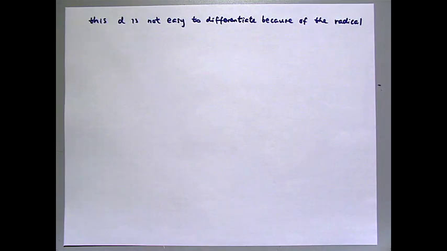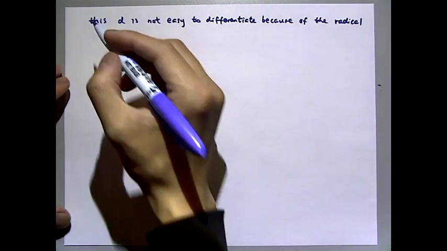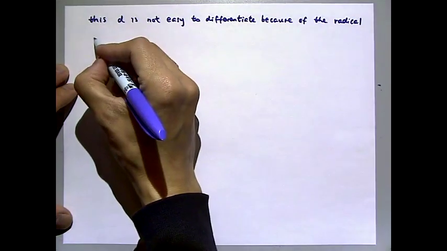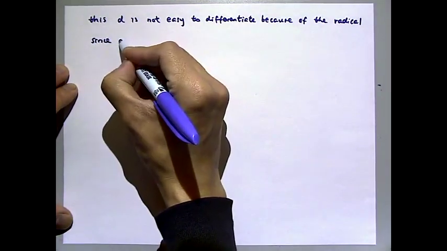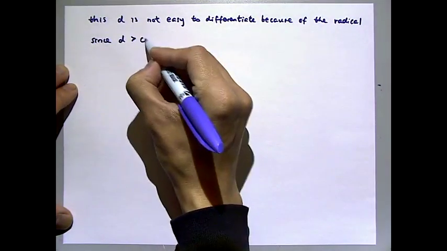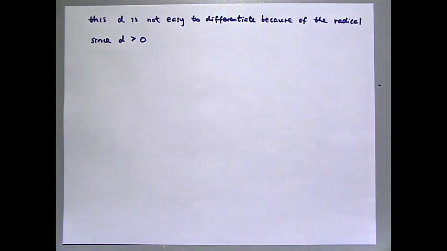You got to use chain rule and you got a radical, and then when you take the derivative of that, you'll get something to the power of negative 1/2. And that's going to be a big messy fraction. That's kind of annoying. So we're going to use the fact here that d is always positive. That distance we're talking about is always positive, right? There's no way we can get a negative distance between that line and the origin.